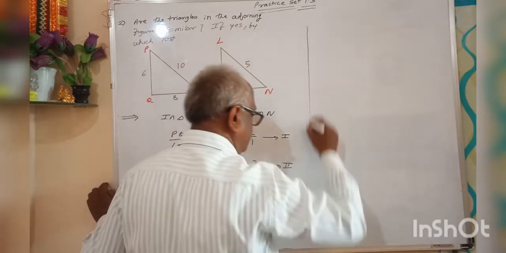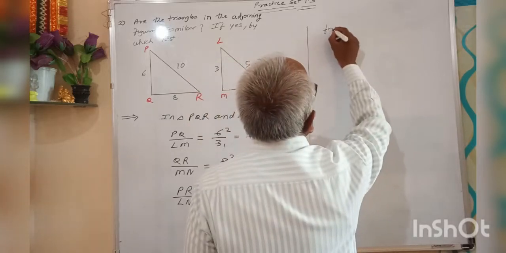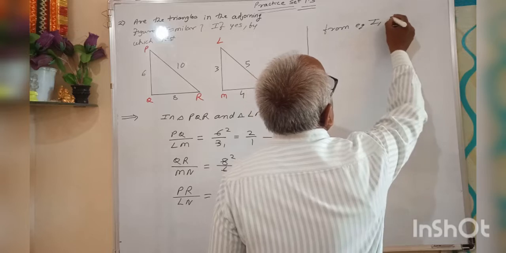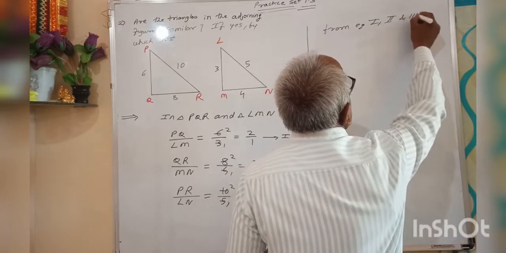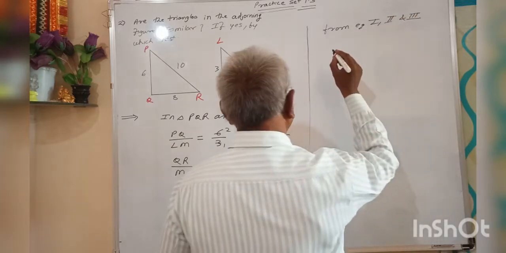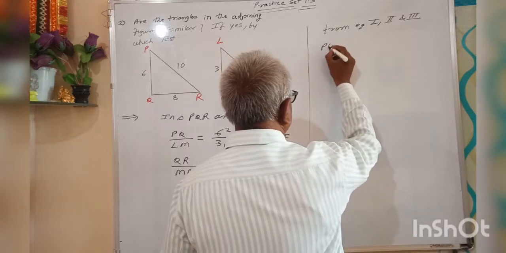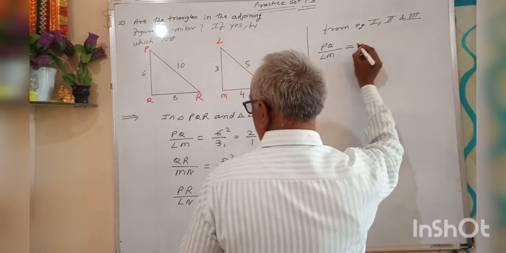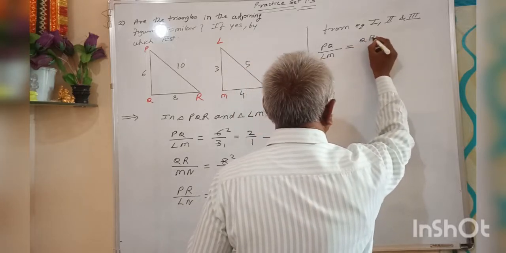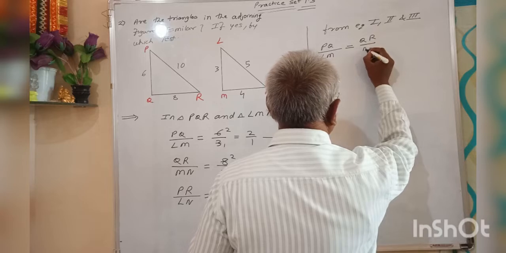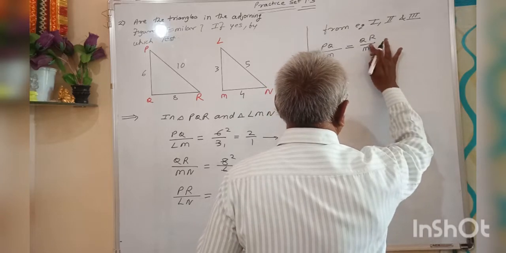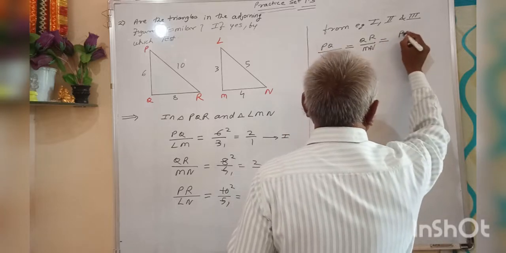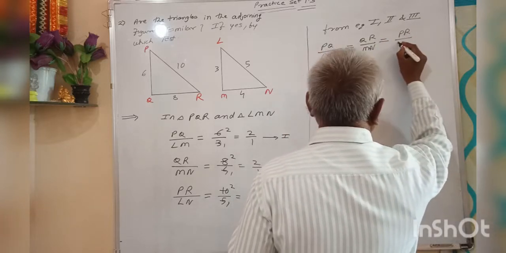From equations 1, 2 and 3, we can say that PQ upon LM is equal to QR upon MN is equal to PR upon LN.